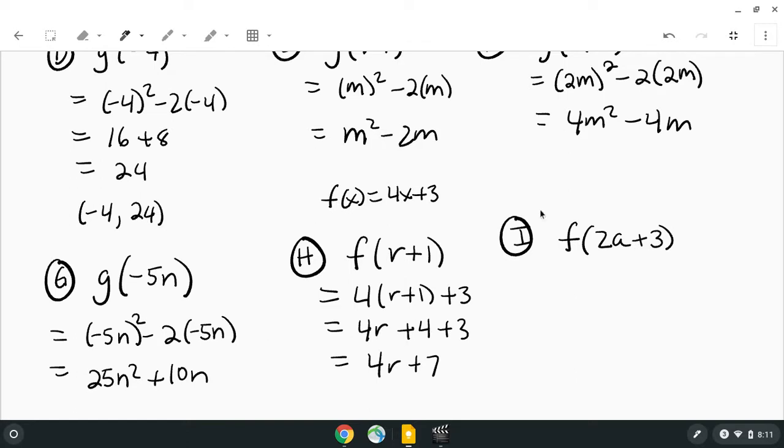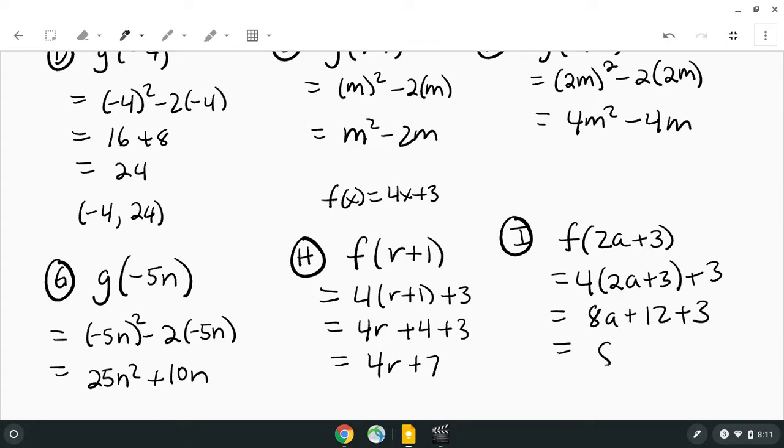So here's your function, I copied it over here. You need to replace this x with whatever is in here. Okay, hit the pause button, come right back. Then distributive property, and then combine like terms.